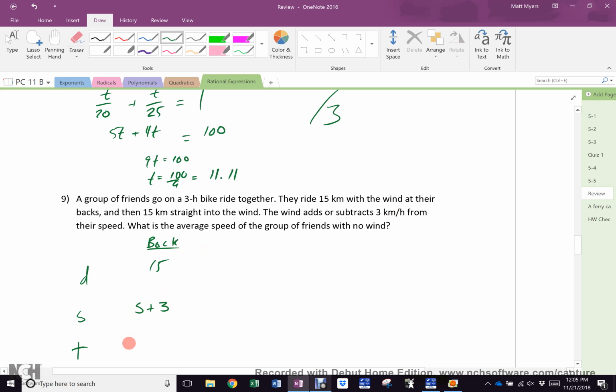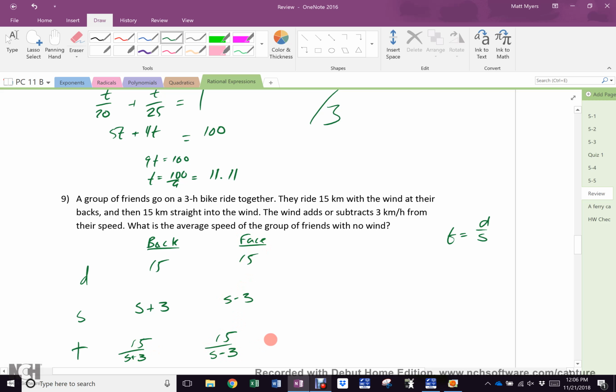And what's my time? 15 over S plus 3 because T always equals distance divided by speed. What about when the wind's in my face? Still 15. S minus 3. What's my time? 15 over S minus 3. So my time with the wind at my back is this long. My time with the wind in my face is this long.